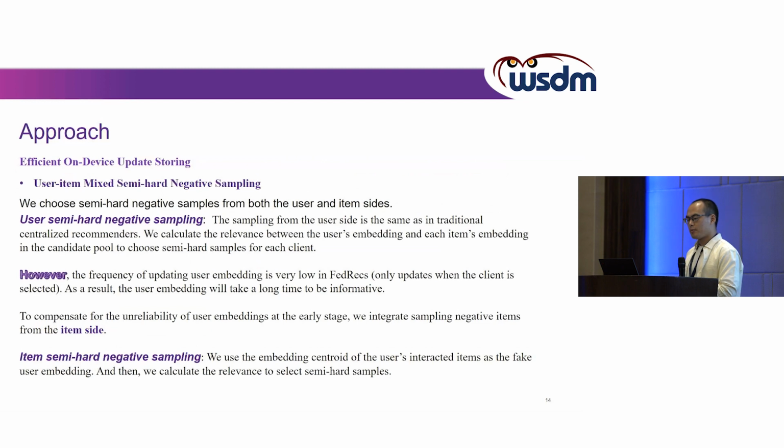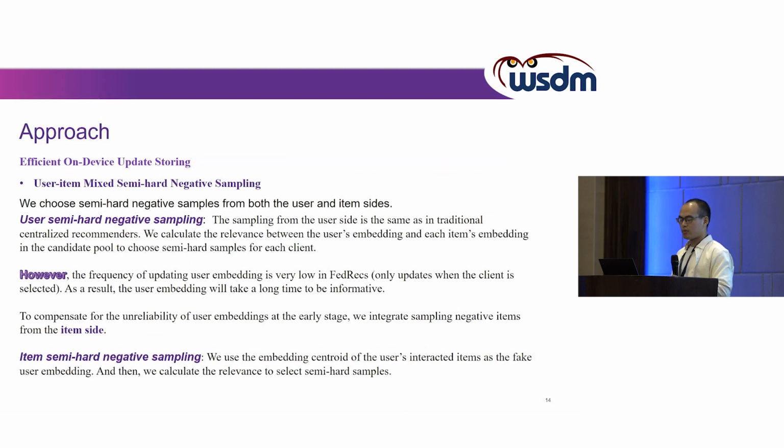And for the sampling method, it contains two parts: user semi-hard negative sampling and item semi-hard negative sampling. For user semi-hard negative sampling, it's actually the same as in traditional recommender systems. We use the user embedding to search for the hard samples. But in FedRecs, only selected users will have the chance to update their user embedding.